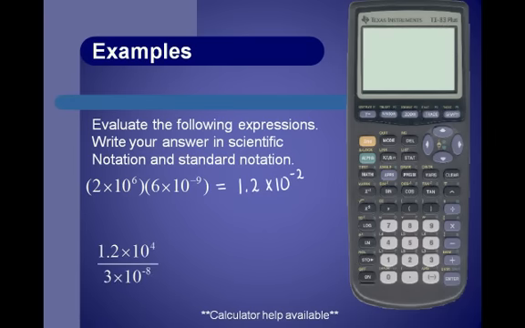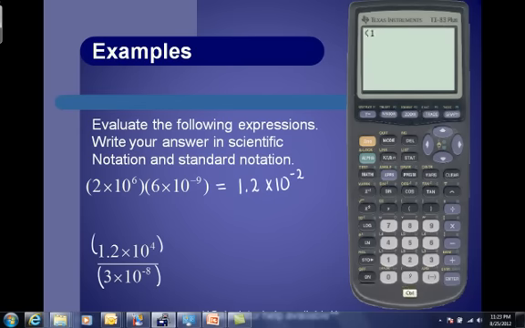Last one of these. In order to do the division, first thing you need to remember is you need to put your parentheses on there. Otherwise it throws all of your order of operations off. So we would have in parentheses 1.2 times 10 to the power of 4, and don't forget to close that parenthesis, divided by, then in parentheses 3 times 10 to the power of negative 8.